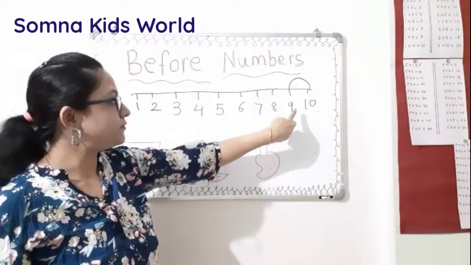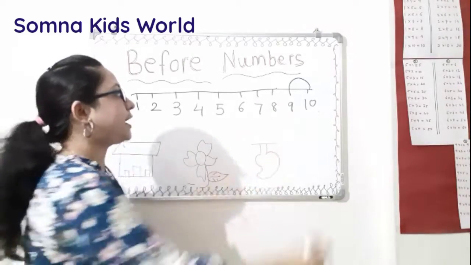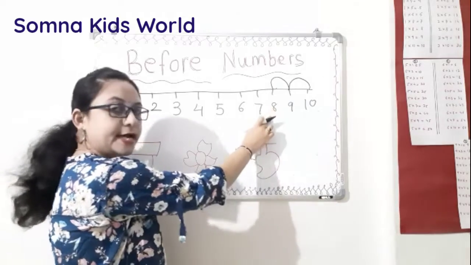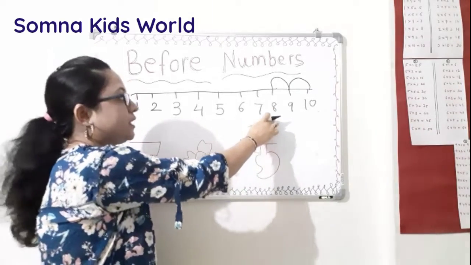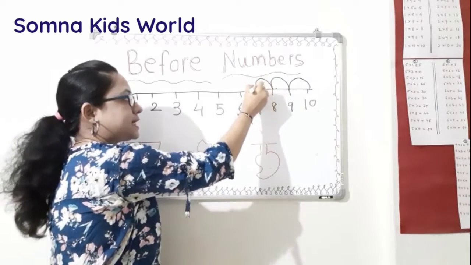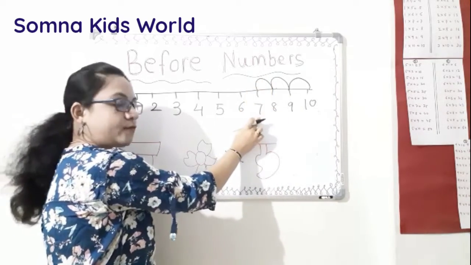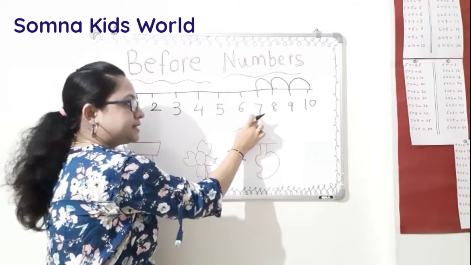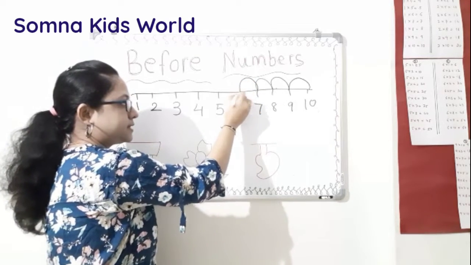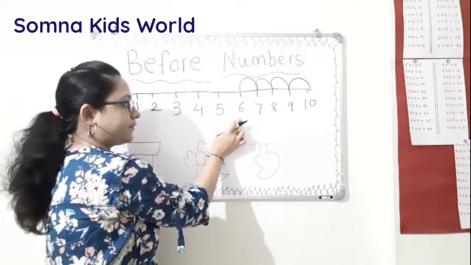Again I ask, what number comes before 9? It is 8. What comes before 8? It's number 7. What comes before 7? Number 6.